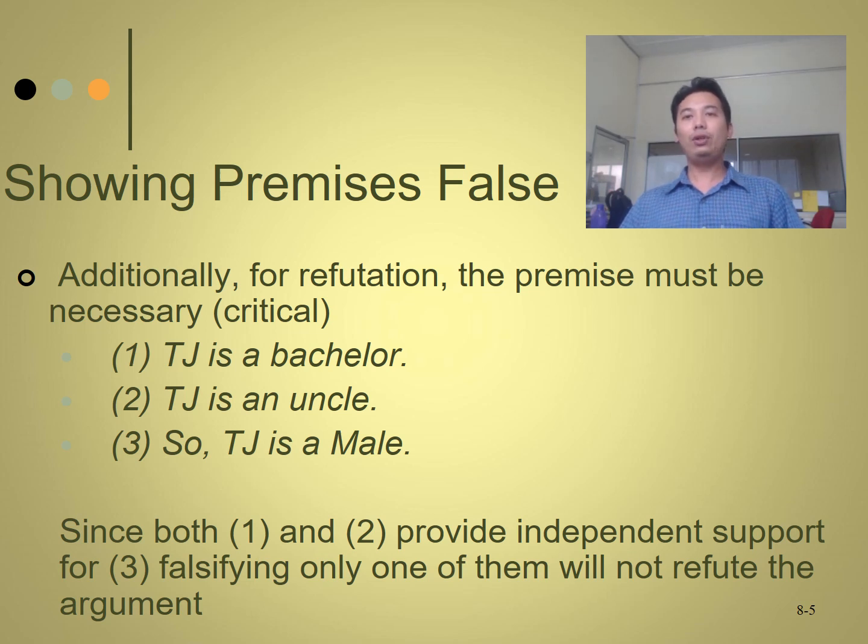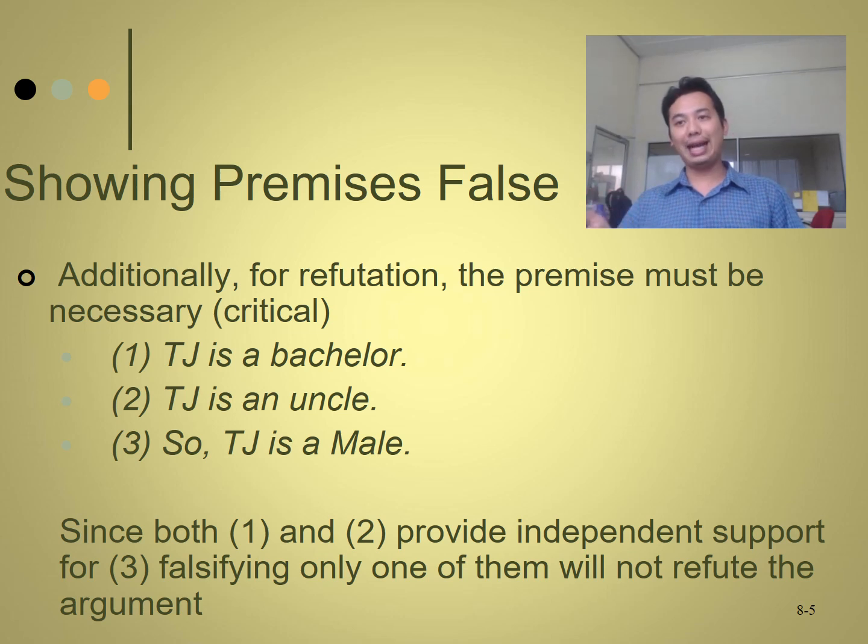So if you look at number 1 and number 2, even if one does not exist and only 2 exists, or vice versa, you can still come to the conclusion that number 3 is true. All right, so does it make sense? Hopefully, yeah.